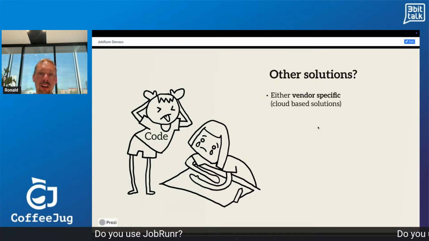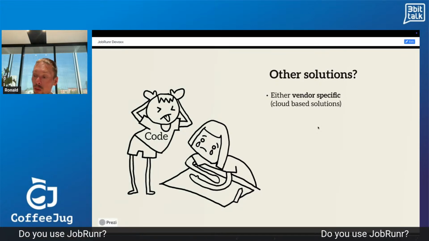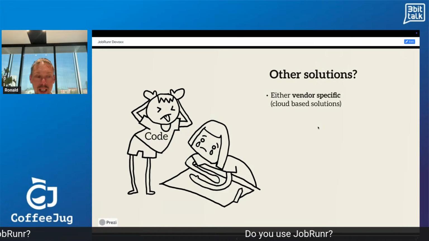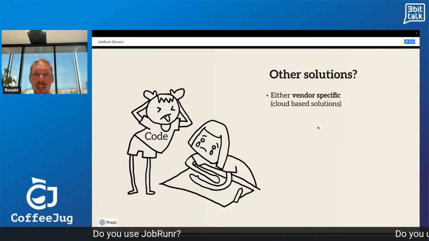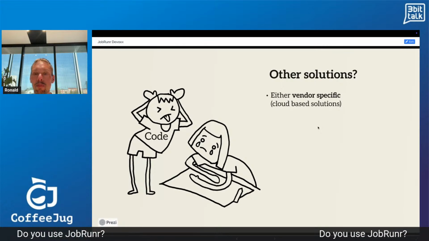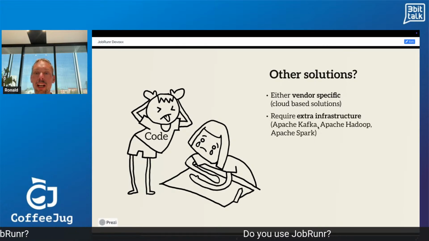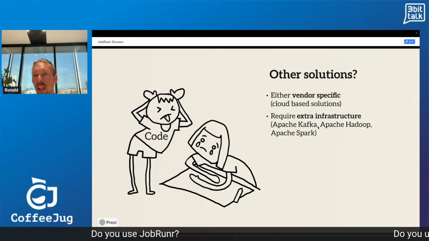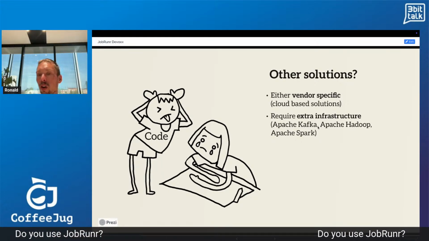And they are either vendor specific, like AWS, Google Cloud, and back then there may have even been discussion about moving away from Google Cloud because the bill was so high. They often require extra infrastructure like Apache Kafka, Hadoop, Spark. And now it's become quite easy to install these kinds of things.